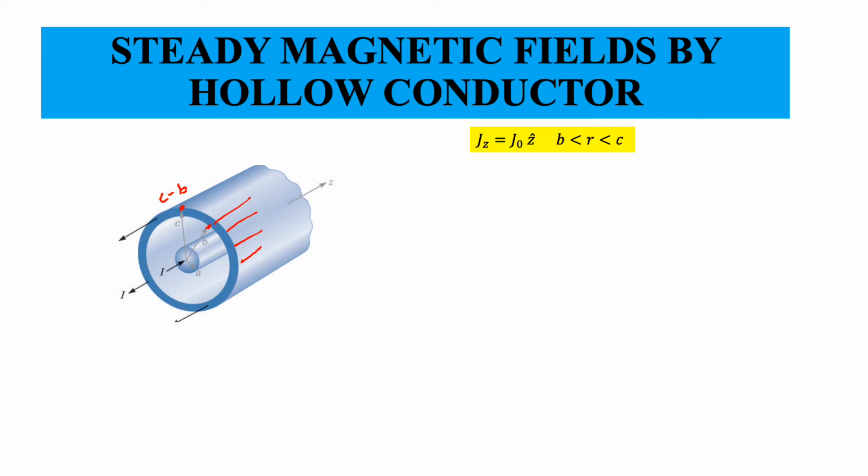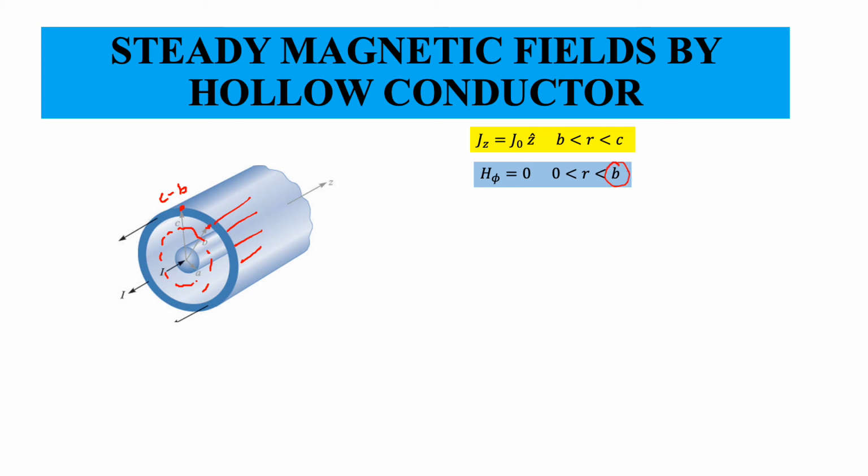If you take one loop inside of any radius as long as the radius is less than b, you are not enclosing any current, therefore H phi will be equal to 0 as long as the radius is less than b.